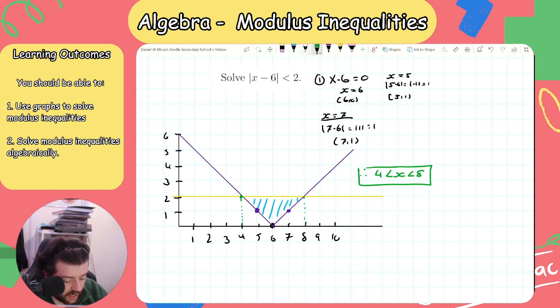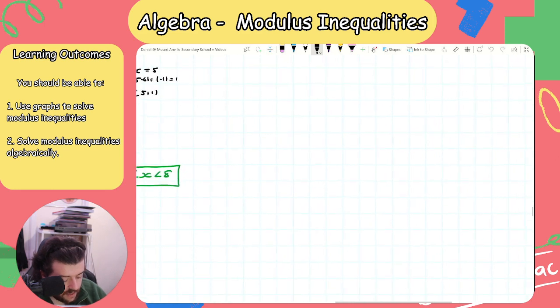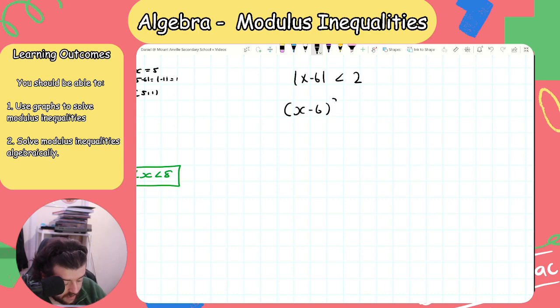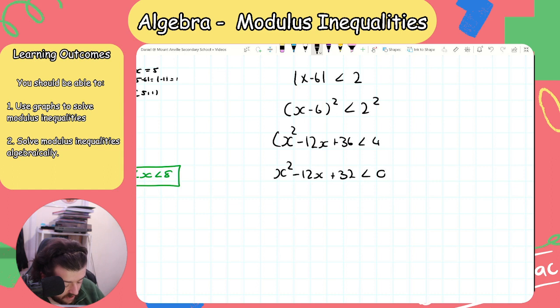Then I could do this algebraically as well. So I have the modulus of x minus 6 less than 2. I square both sides, so x minus 6 squared is less than 2 squared. So it'll be x squared minus 12x plus 36 is less than 4, so x squared minus 12x plus 32 is less than 0.